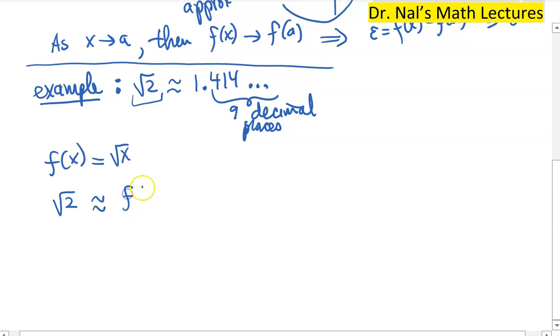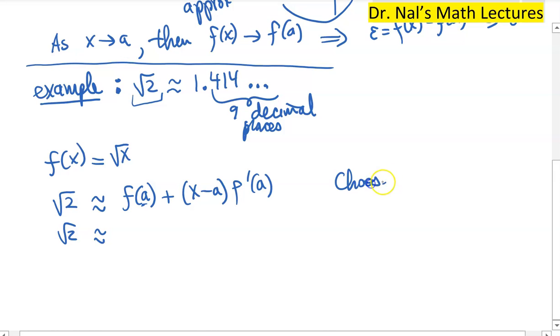Remember that it was just f of a plus x minus a, f prime of a. So root 2 is approximately equal to, first we need to plug in the value 1.5 into our function, so choose a equals 1.5. We think that's a good enough approximation.